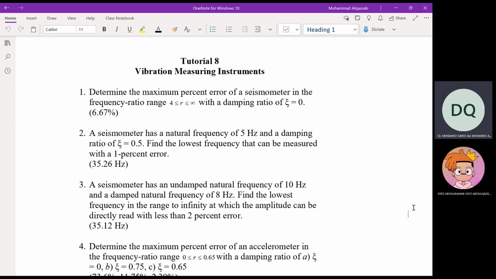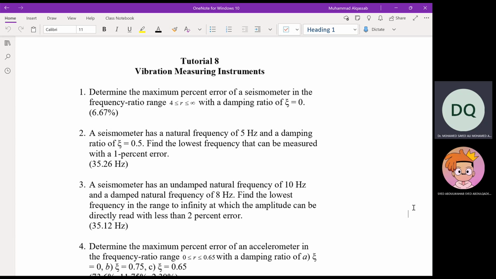Okay, question number 1: determine the maximum percentage error of a seismometer in the frequency ratio range greater than or equal to 4, less than or equal to infinity, sorry, with the damping ratio of zeta equal to 0.